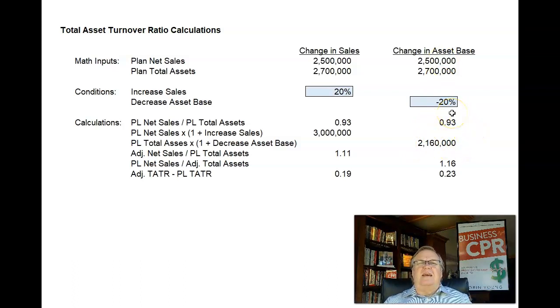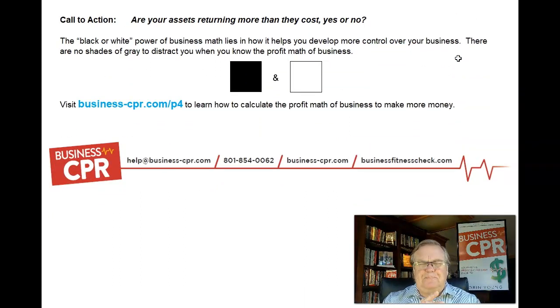The key is to appreciate that you need the top line. That's what drives everything in your business, and the assets that sit on your balance sheet exist to help you do that. If you're a business that is struggling, one of the ways to take some of the struggle out is to make things more black and white. That's what financial ratios do: they help you see your business in very black and white terms.